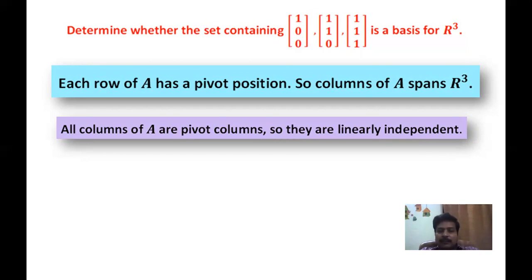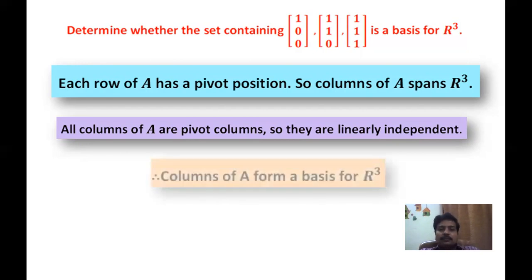So in this case, the column vectors can span R3 and they are linearly independent. So both the conditions of a basis are satisfied. So we can say that these columns of A form a basis for R3.